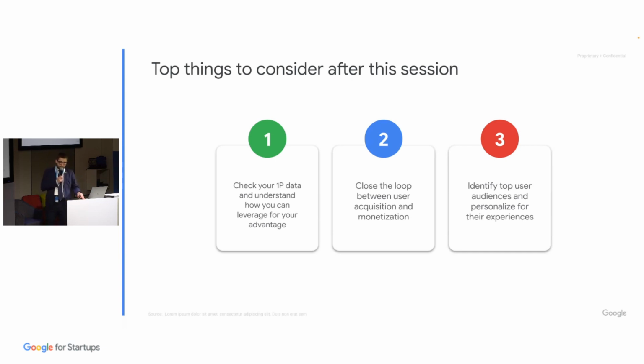Then the last one would be to identify your top user audiences and personalize their experience. That could be only one, two, three, maybe four categories of users. But if you deliver a specific experience for them in terms of the monetization strategy, the formats that you use, the complexity levels or design or any other complications for those users, that might be super helpful, and that might drive your profitability even further.